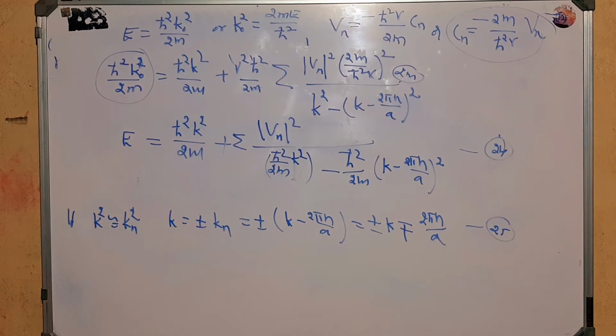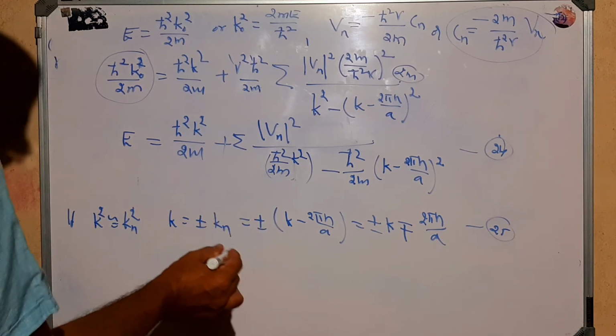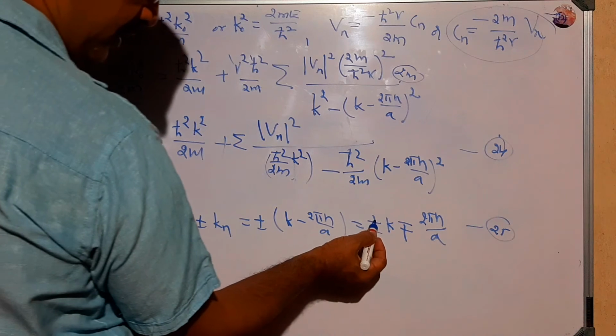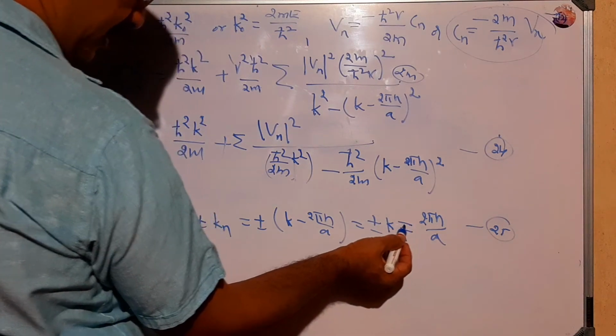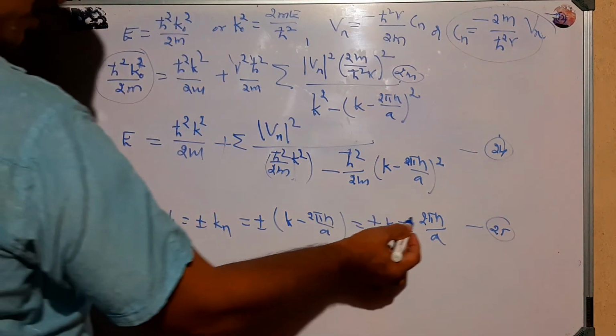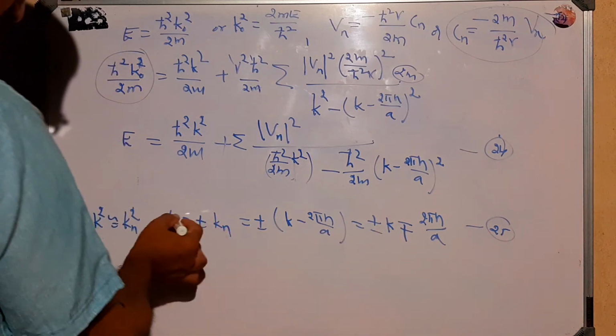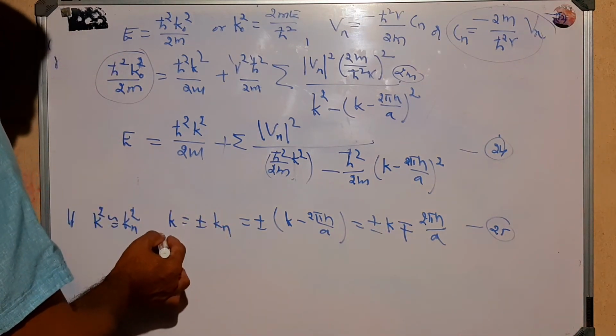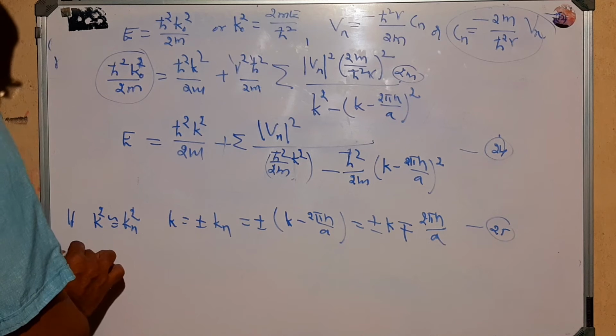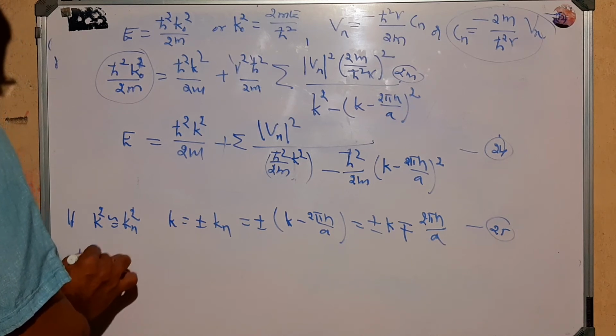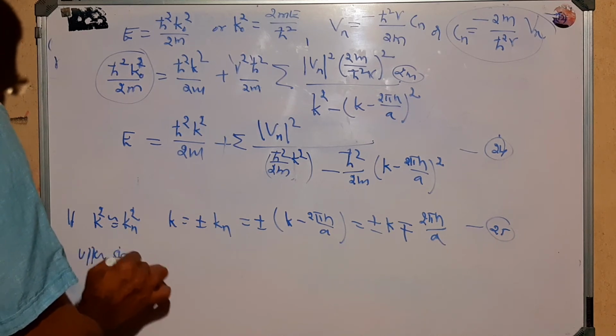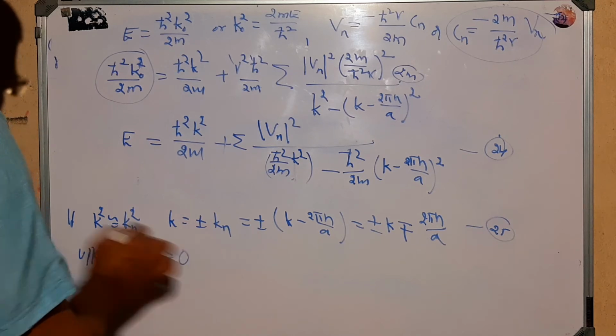Now see, for the upper sign, what happens? If you consider plus and minus here, 2 pi n by a is equal to k minus k, which is 0. That means for the upper sign you are getting n is equal to 0.